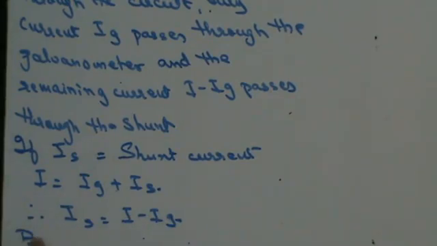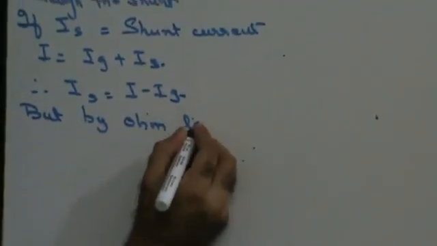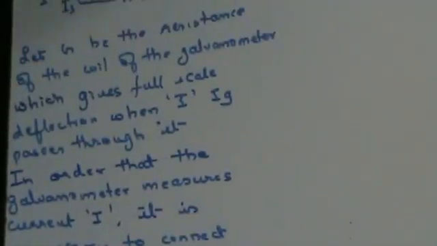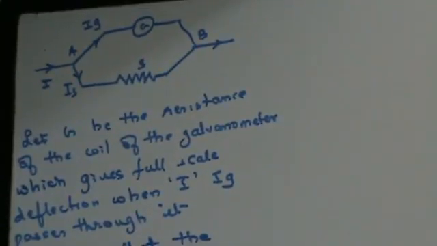But by Ohm's law, if you look at the diagram, guys, the galvanometer and the shunt are in parallel. Since they are in parallel, the potential difference across the galvanometer and the shunt should be the same. In a parallel circuit, the potential difference is constant.